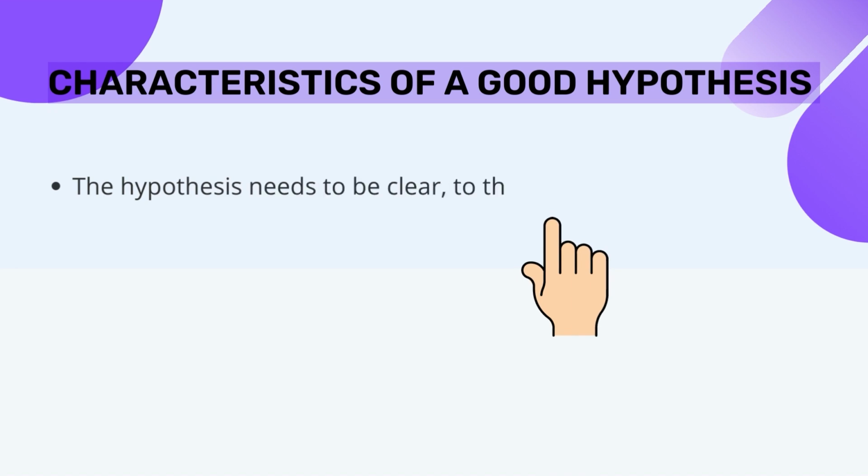Another important characteristic of a good hypothesis is that it needs to be clear, pointed as well as brief. Means a hypothesis would be effective and easy to understand when it has been formulated in a clear, pointed and brief manner. If it is very broad, very lengthy, it would not be easy to understand what the hypothesis is actually about.